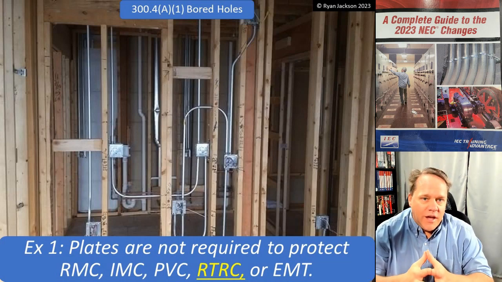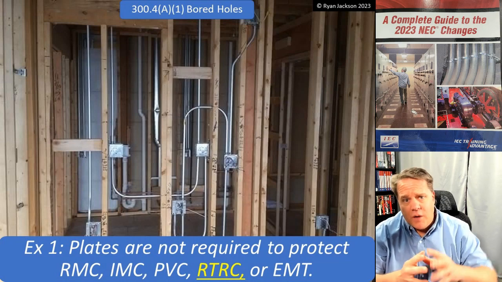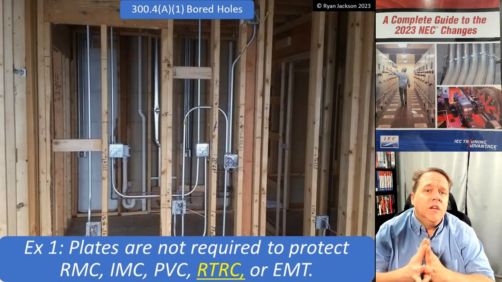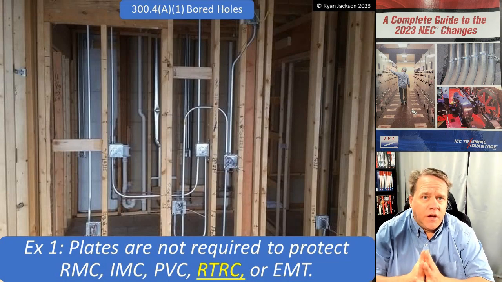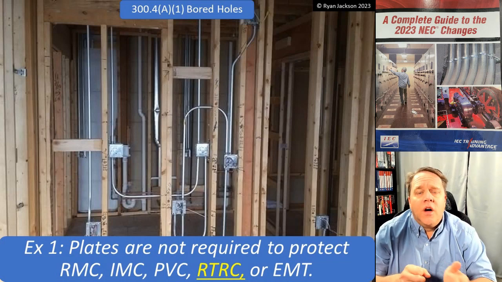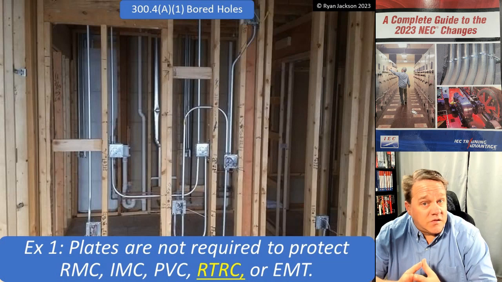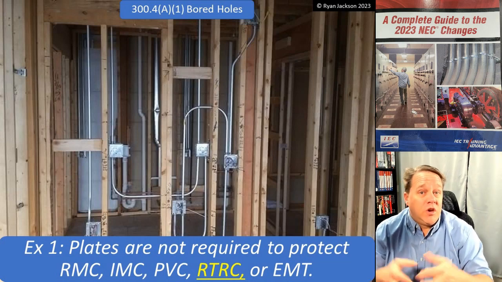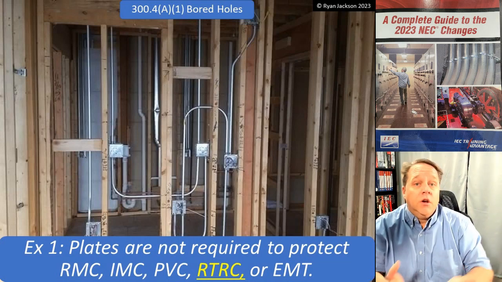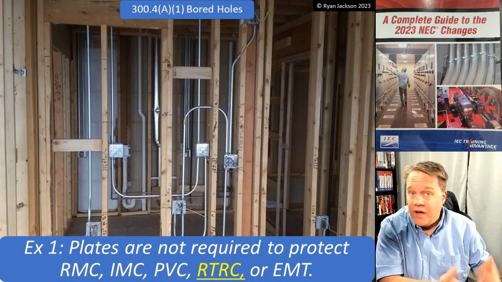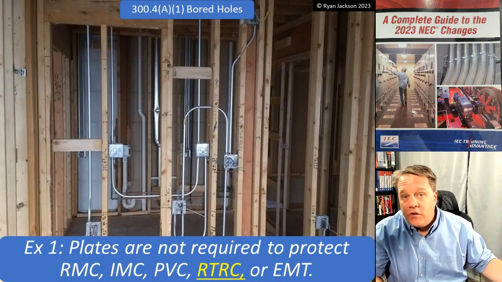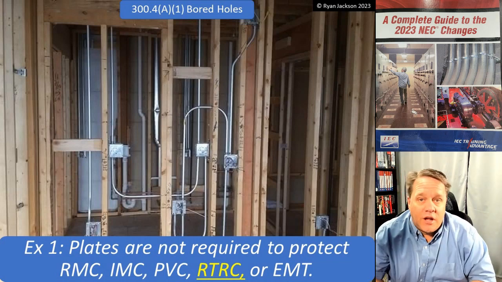Now, what the code used to say, and when I say used to, I mean a couple of code cycles back, it used to say you did not need nail plates for rigid non-metallic conduit. If you've been playing this game for a while, you might remember when we called PVC conduit rigid non-metallic conduit. That was the name. When you went to Article 352, it was titled rigid non-metallic conduit.